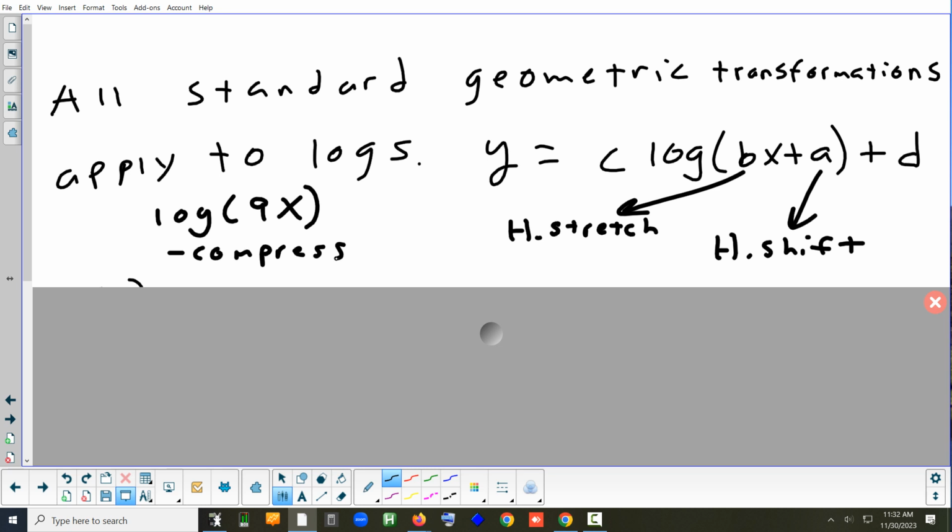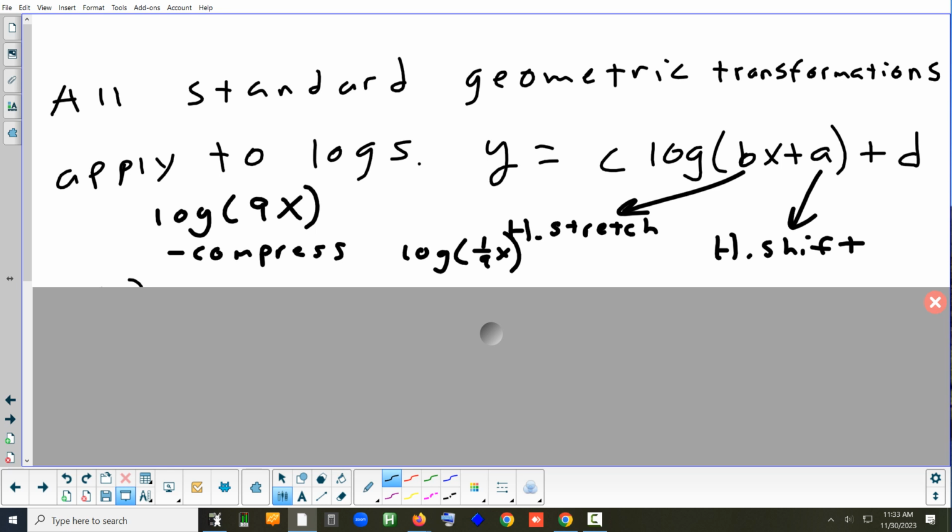It's going to become 9 times more squished. If you want to stretch it 9 times as much, then you do log 1/9 x. 1/9, that's a small number. It's going to make the graph bigger. Okay? So big numbers, squish it. Small numbers, stretch it. That's only for horizontal. Okay. Any question on that?